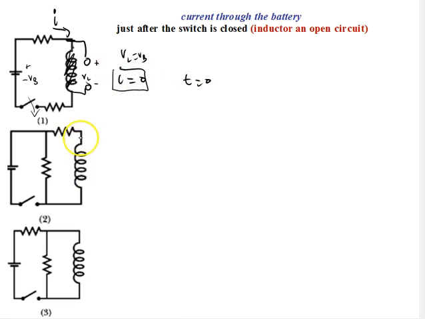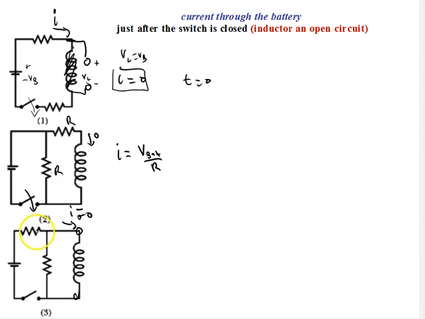For 2, again, if this is an open circuit, then this current is going to be equal to 0. So the only thing that this battery is going to see is this resistor here. These resistors are both the same, R and R. Then in this case, I is just going to be equal to the battery divided by R. In this case, if this is an open circuit, then this current is equal to 0.